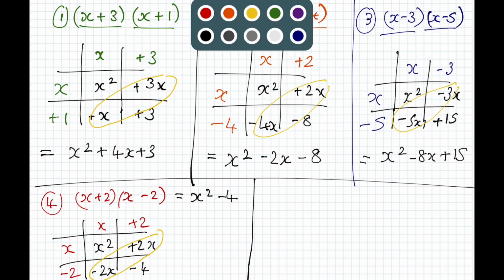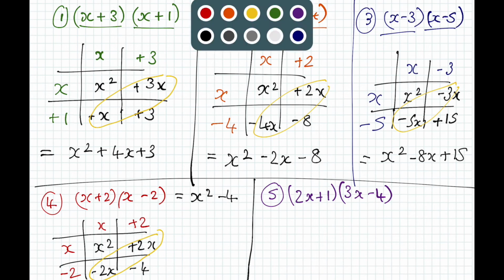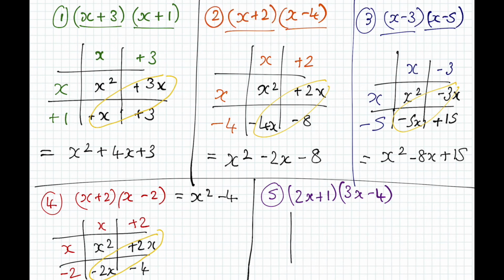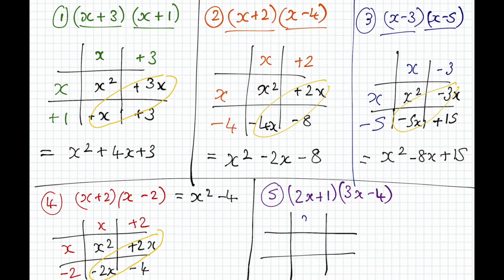And then final question, let's go for some purple. Number 5 was 2x plus 1, brackets 3x minus 4. A little more challenging, this one. Draw your grid. Enter your terms into the grid. So we've got a 2x, a plus 1, a 3x, and a negative 4.